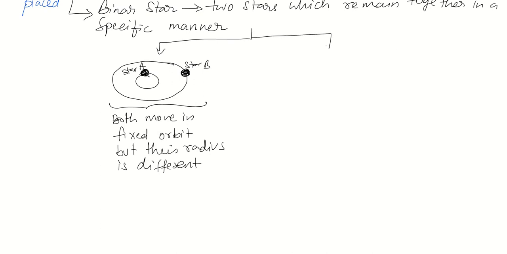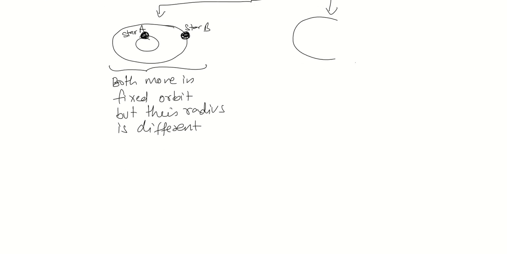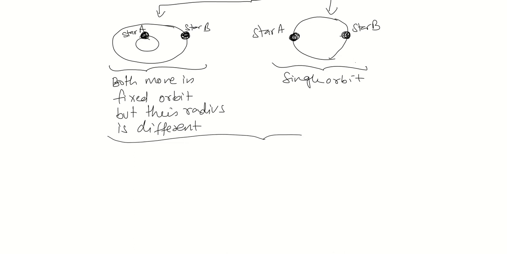Another way the binary star can be formed is that there can be two actually here. There can be two here. So one can be here and one can be here. So it can be star A and this can be again star B, right? This also can happen. So single orbit. Now in both of these cases, what actually happens?